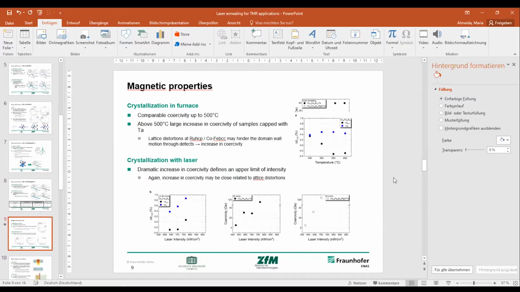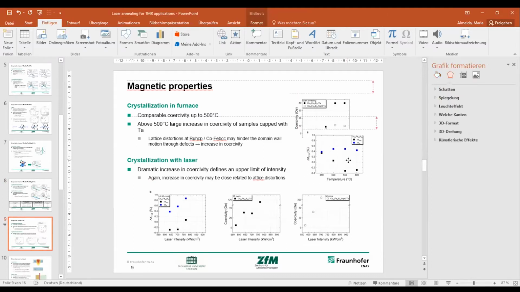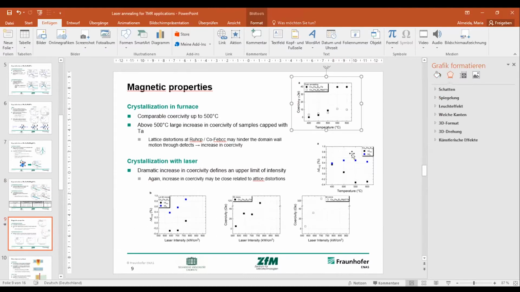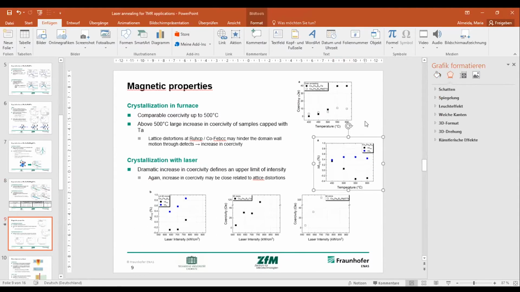And finally, and this is where maybe this view is not optimal, but I will shift a bit. Looking at the SQUID measurements we have performed on these layers, on the oven annealed or furnace annealed samples, we see a difference between the samples capped with tantalum or with MgO.